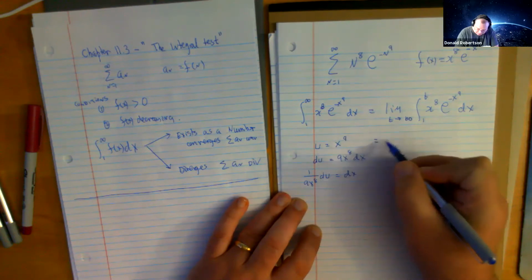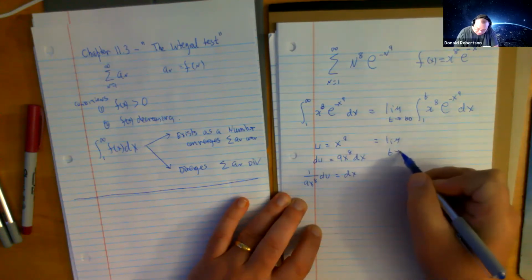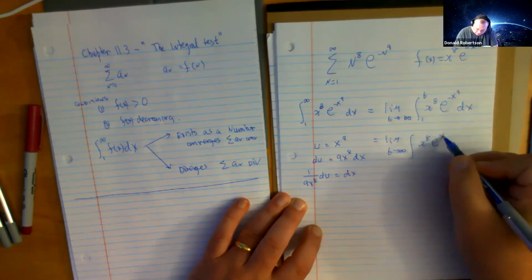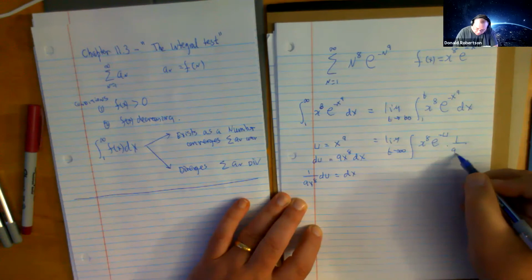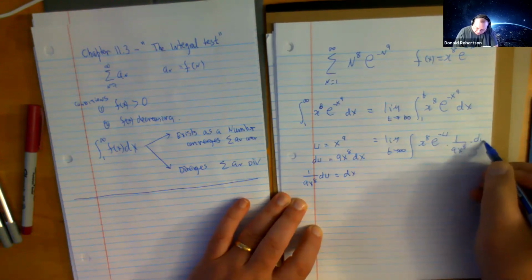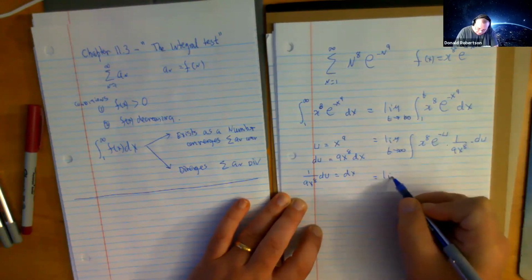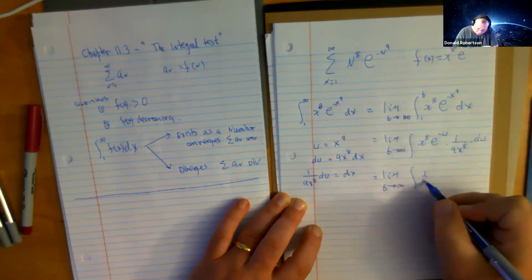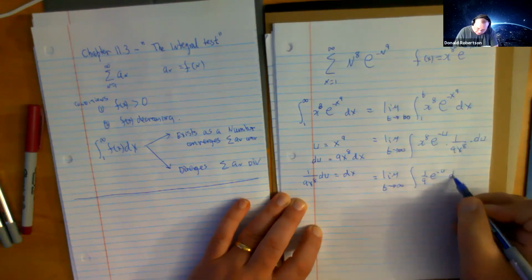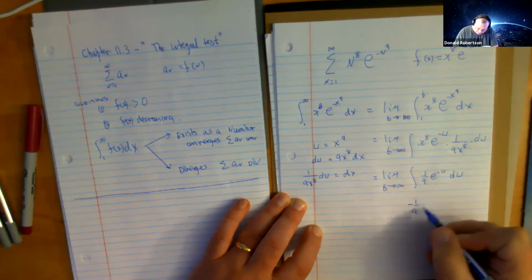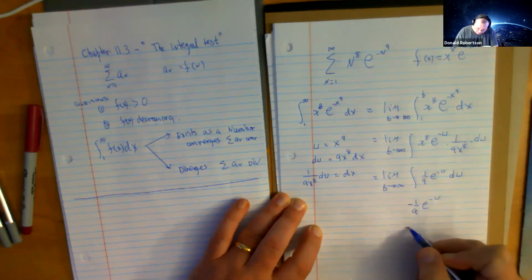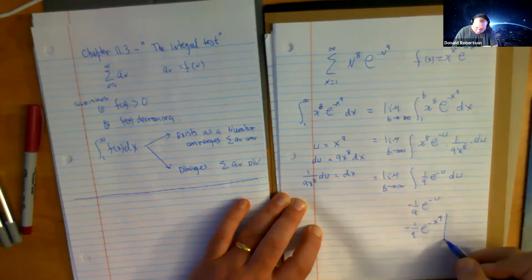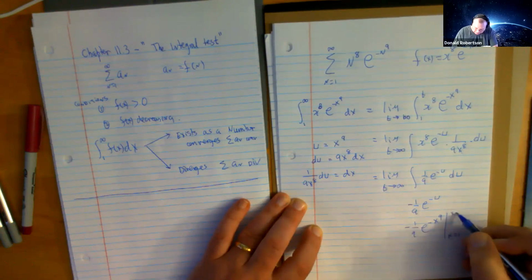And this fella now becomes the limit as t tends to infinity of x to the 8 e to the negative u, 1 over 9x to the 8 du, which in turn they cancel and you're integrating that guy, which gives you this guy, which returns you back to that guy. You then evaluate it at 1 and at t.